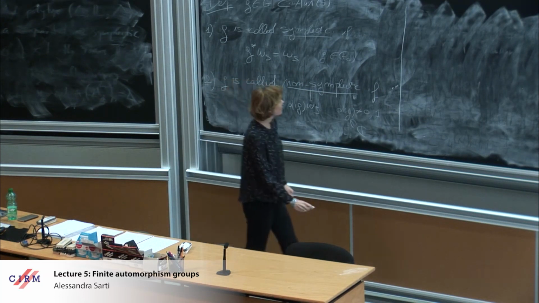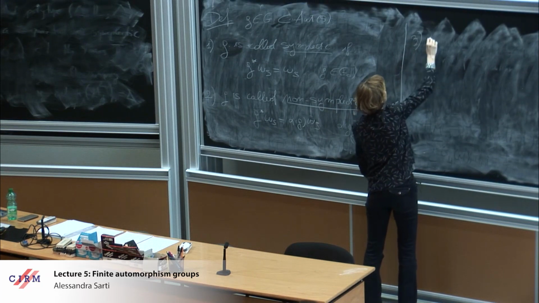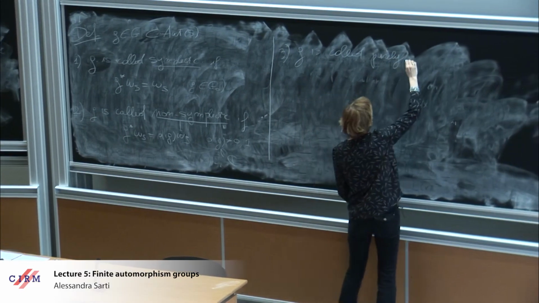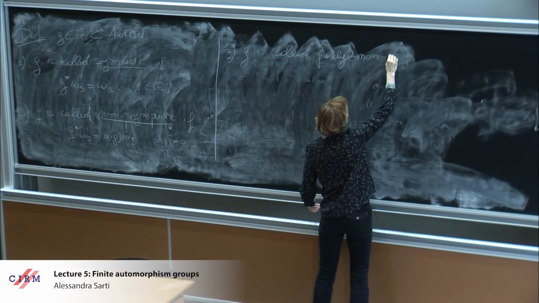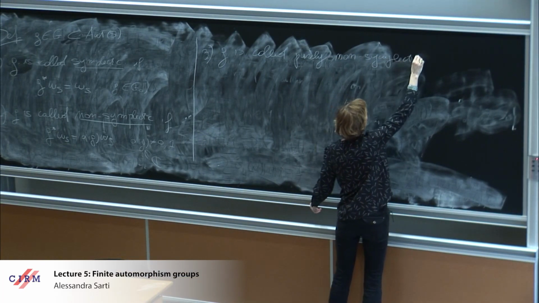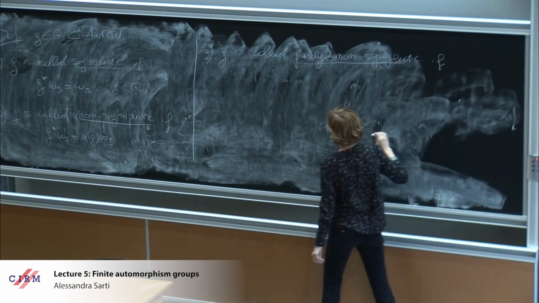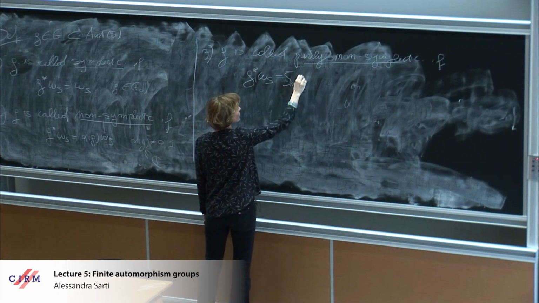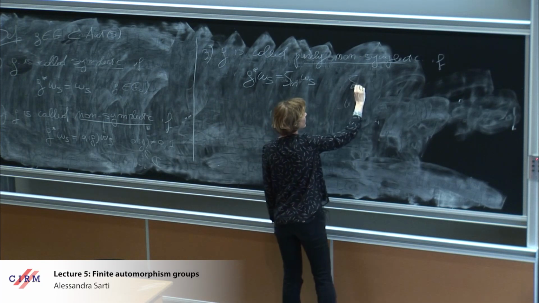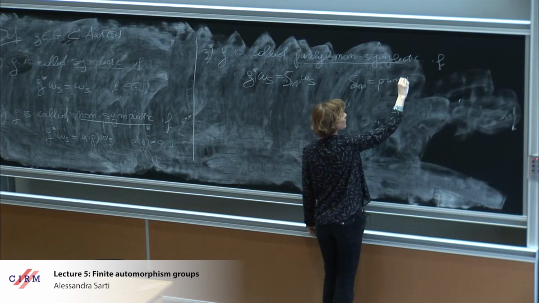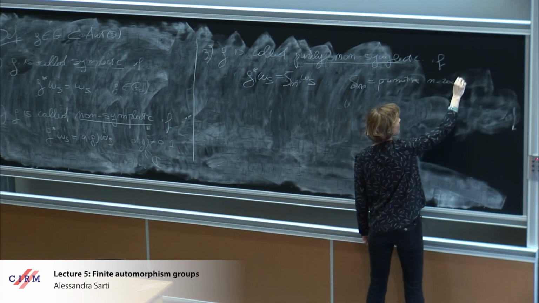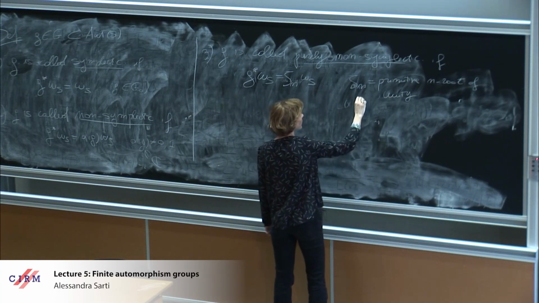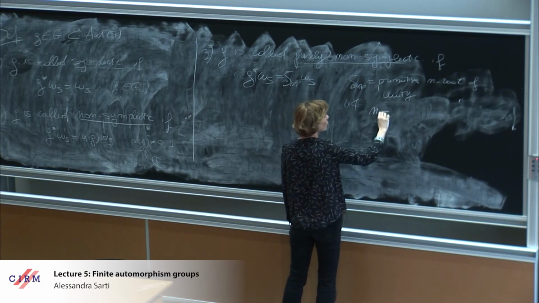And purely non-symplectic if you have that the action on the two-form is equal to theta n omega S, where theta n is a primitive n-th root of unity, and n is the order of g.